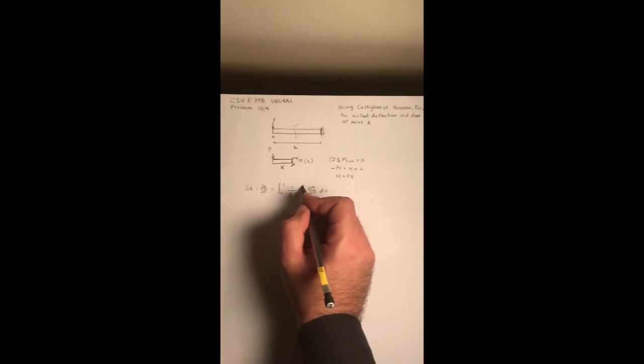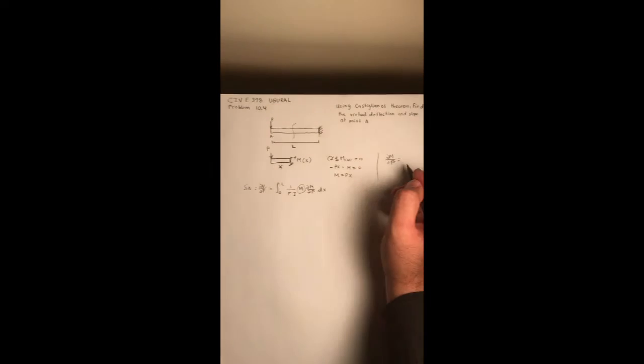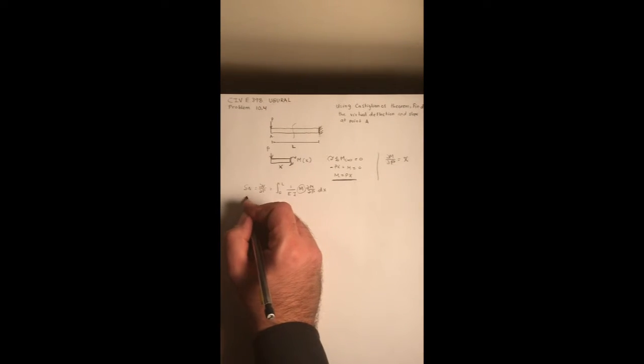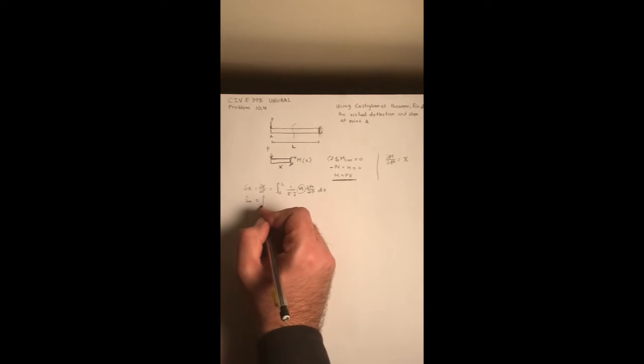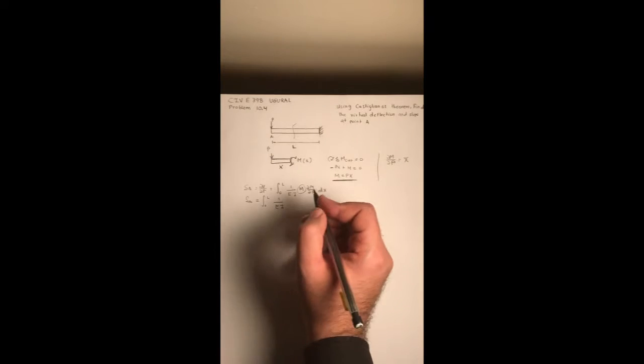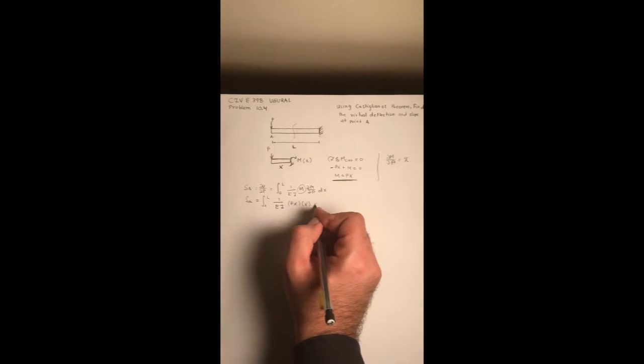So next, we found our moment. We're going to have to find partial M over partial P, which is equal to x, the derivative of M with respect to P. So we're going to integrate from 0 to L, 1 over EI, M, which is Px, times x, which is dx.